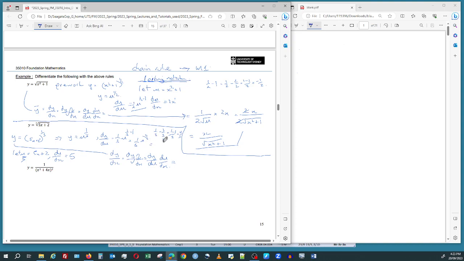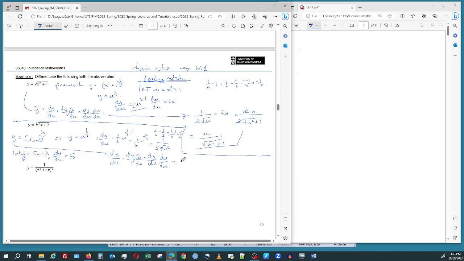So 1/3, the cube root of u squared. And u was 5x plus 2.